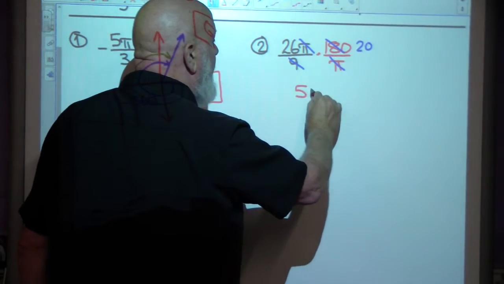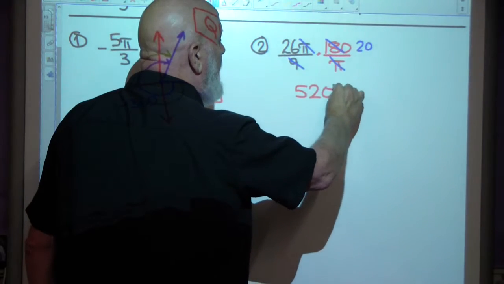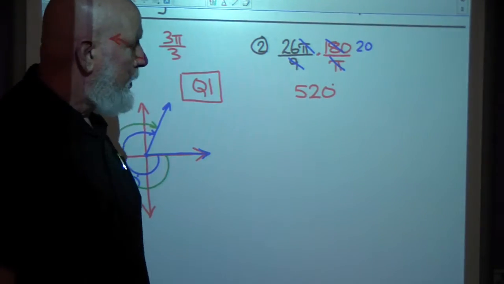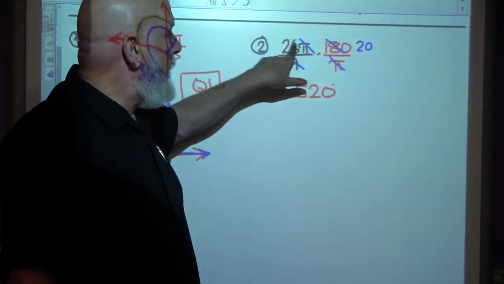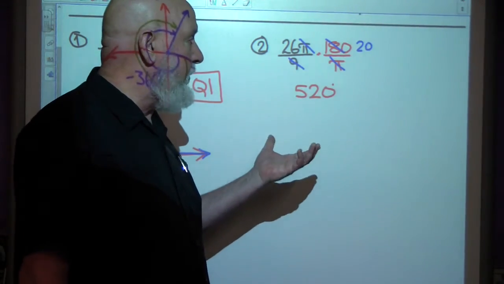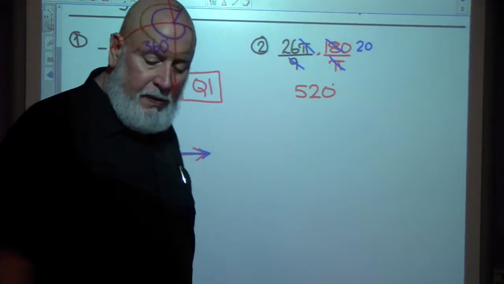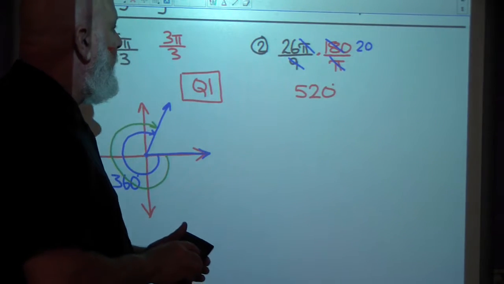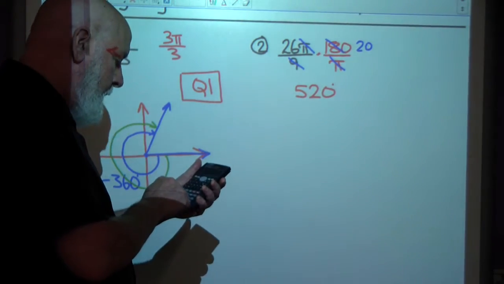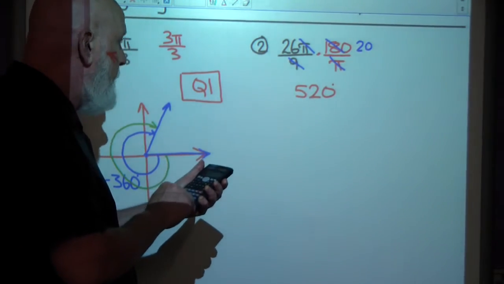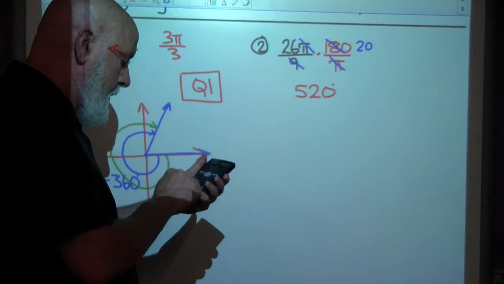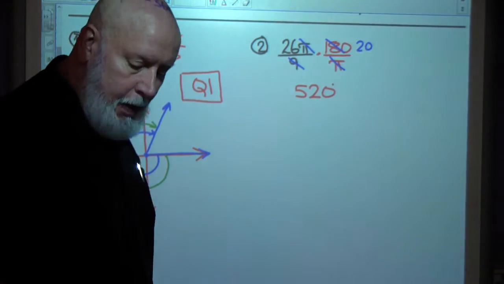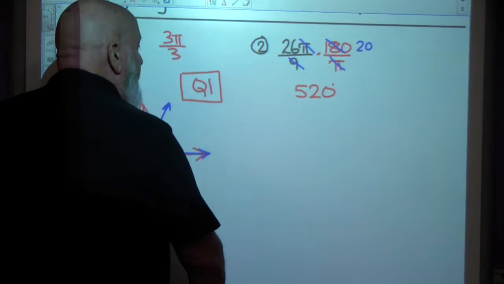I'm going to do that with my calculator just to make sure. When these turned into ones, 26 times 20, well 26 times 2 is 52. 26 times 20 should be 520, but I'll just make sure here. 520, yay. And if we want to graph, it's a positive angle.